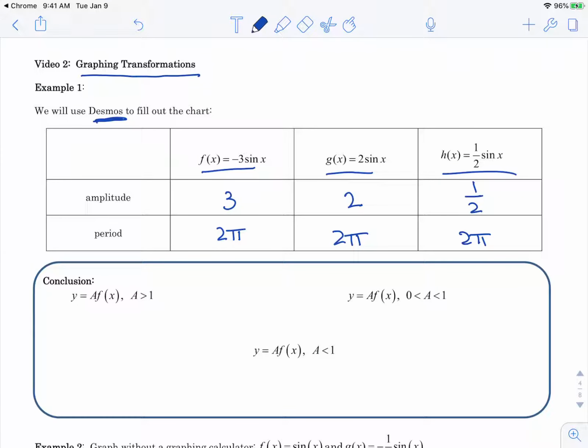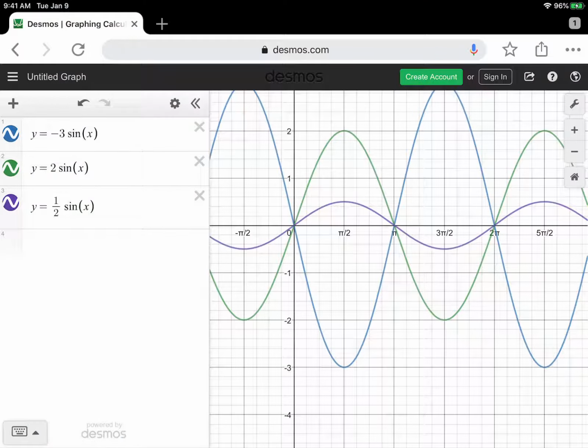Okay, so we're good. What hopefully we're noticing is that when you have this value A in front, that matches your amplitude. So when A is bigger than 1, let's go back so I can convince you, it looks like the graph got taller. Does that make sense? Like even the blue one, right?